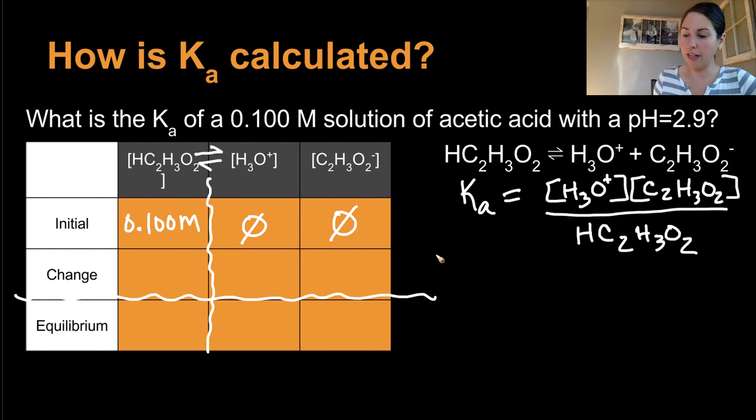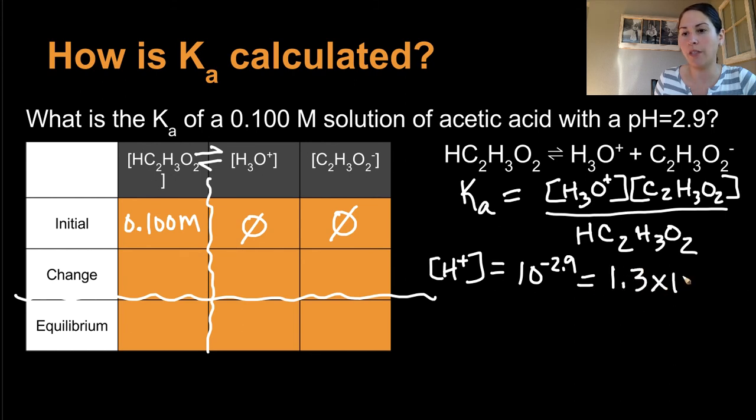To find the concentration of H+ or H3O+, we do 10 to the negative 2.9. That comes from the last video that we watched. When I plug that into the calculator, I get 1.3 times 10 to the negative third. That's the concentration of hydrogen or hydronium ions, interchangeably.